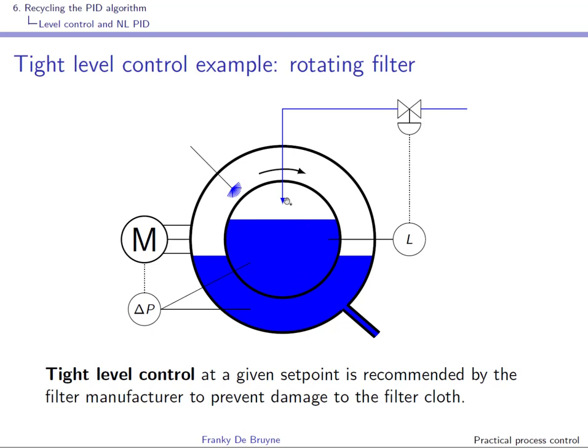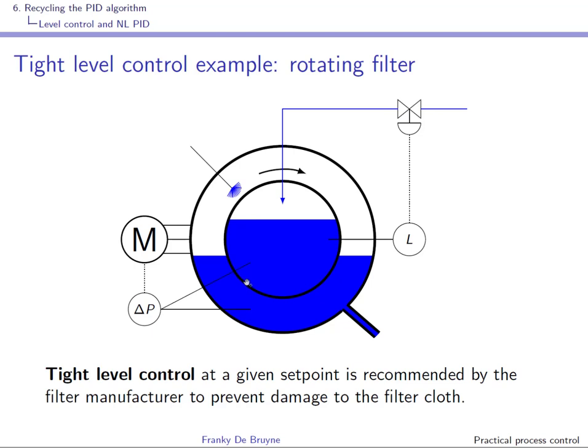The white water is brought in this rotating drum, and on the walls of this drum you have filter cloth. The water is going through the cloth and the fibers get stuck in the filter cloth, right?